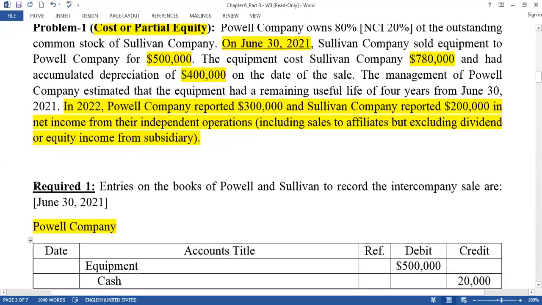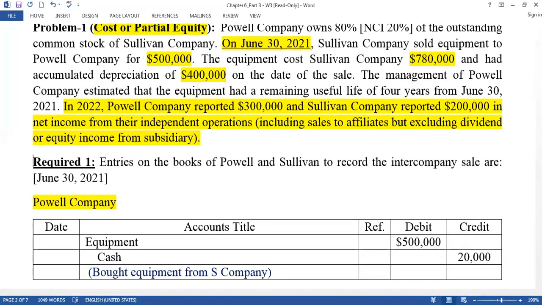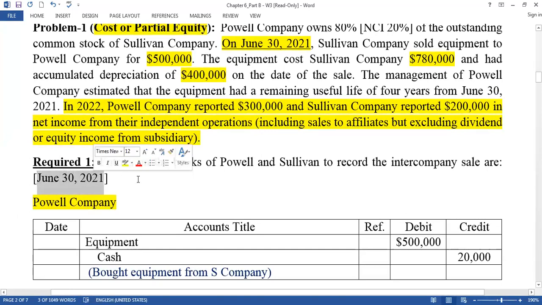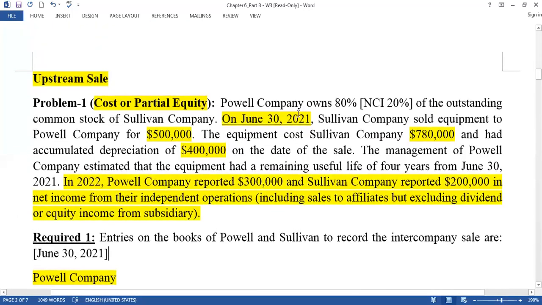Now, first requirement. What happened on June 30? We know that on June 30, parent company bought this asset and subsidiary sold this asset. So what is the journal entry for this? We are going to write the journal entry.